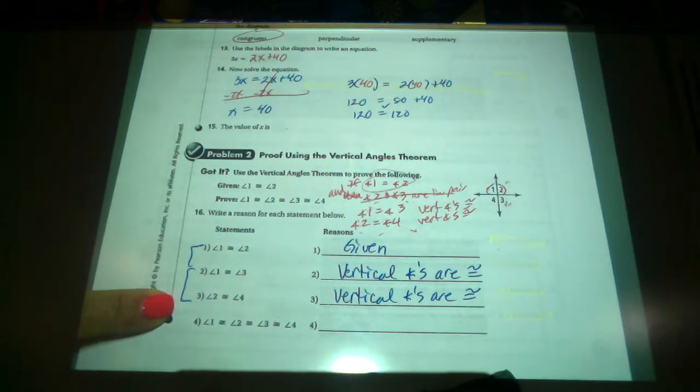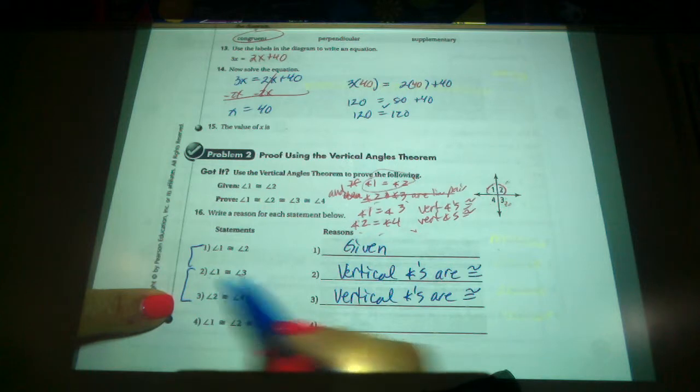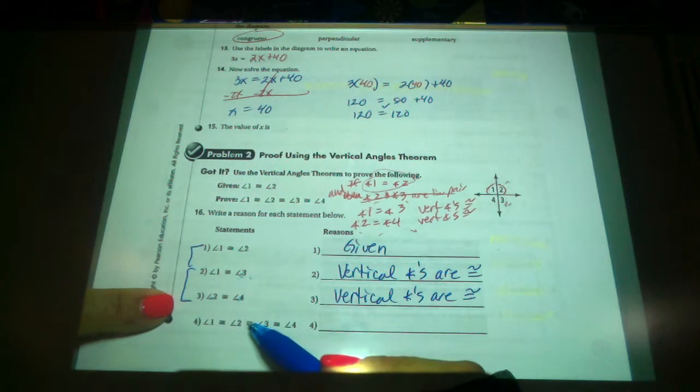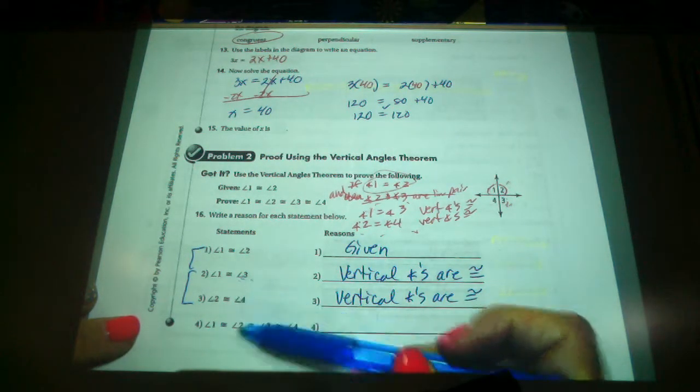How can I go to 3 is equal to 4? If 1 is 3, can I replace 1 with 3? And if 2 is 4, can I replace 2 with 4 and go directly to 3 equals 4? That's why. And what property would that be? Substitution.